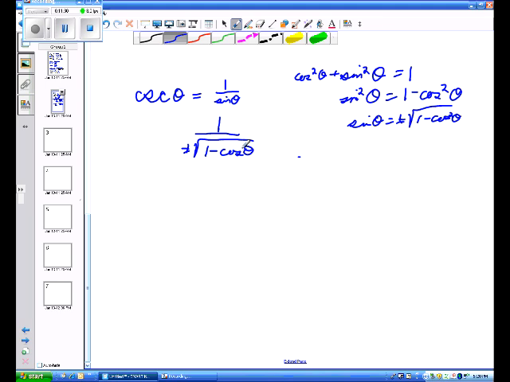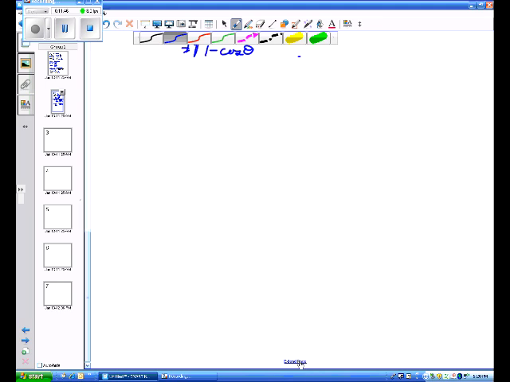So sometimes what you want to do is write an expression in terms of either sine or cosine or both. So let's look at one where we can leave it in terms of both sine and cosine. A lot of times those are a little bit more involved. So we've got the expression secant theta times tangent theta.